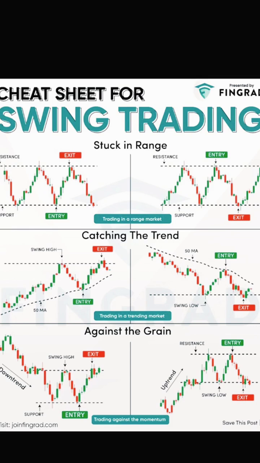The price of Nike is $100 right there at the entry level, and you think it's going to go to $150. So you enter at the entry level, meaning that's where you bought in. You got out of the trade at the exit before it could go down, because when it goes down, you lose all that money that you just made if you don't get out.